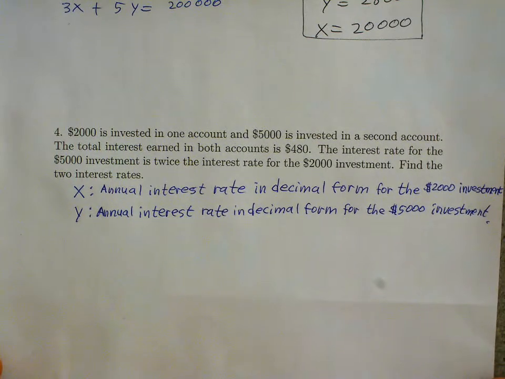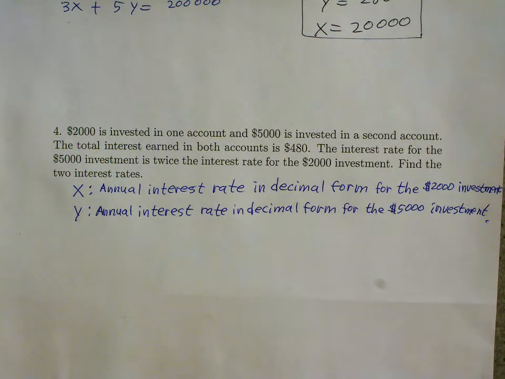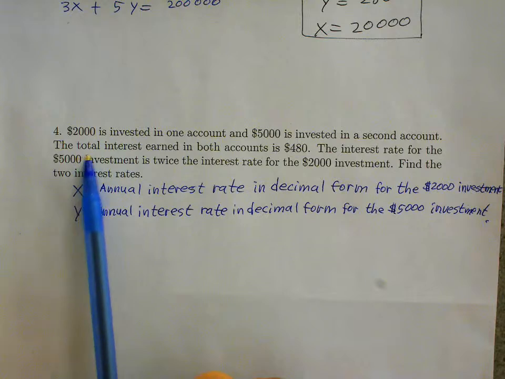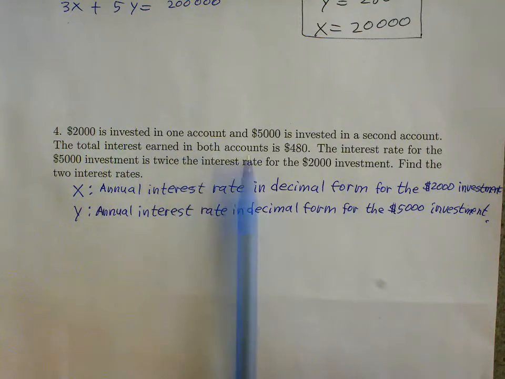Okay, so now we can write down two equations, one at a time. In the second sentence, we're told that the total interest earned in both accounts is $480.